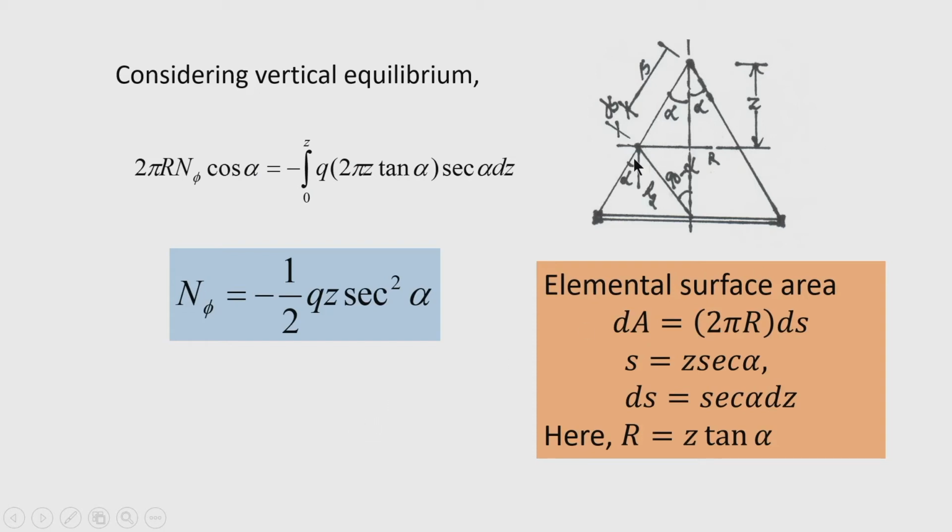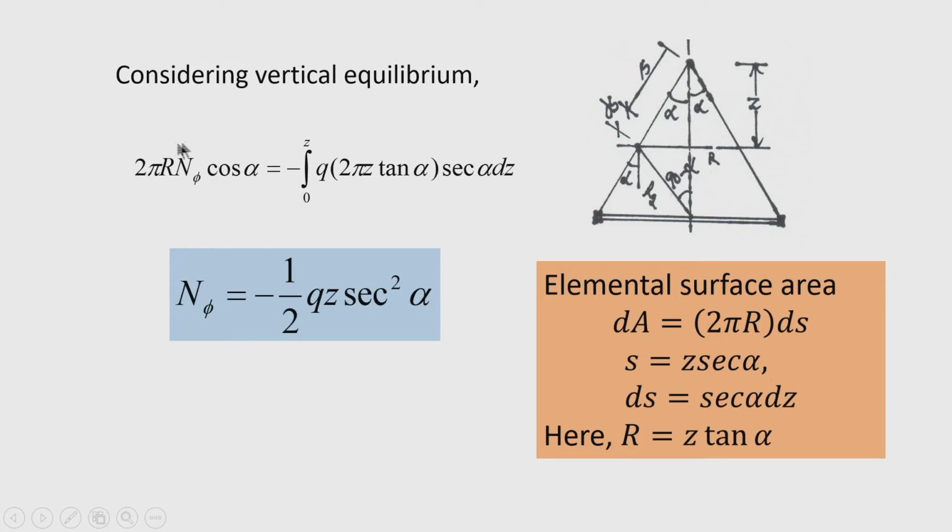Now, at this level, if I consider the vertical equilibrium, the n phi will be along this slanting side. Therefore, the component of n phi along the vertical direction will be n phi cos alpha. So, n phi cos alpha is the component of this meridional force at this level along the vertical direction, and it is multiplied by the circumference of the parallel circle, which is 2 pi r.